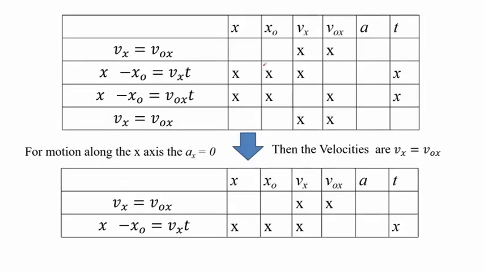Upon substituting the conditions along the x-axis, the equations of motion are reduced to two equations. This is because the projectile travels across a plane where acceleration is 0. This is possible if the air resistance is ignored or the experiment is done in a vacuum, where for acceleration equal to 0, the velocities along the x-axis are the same all throughout.